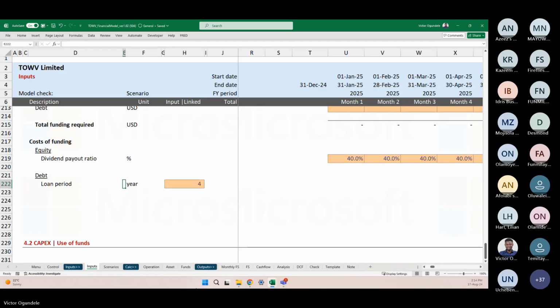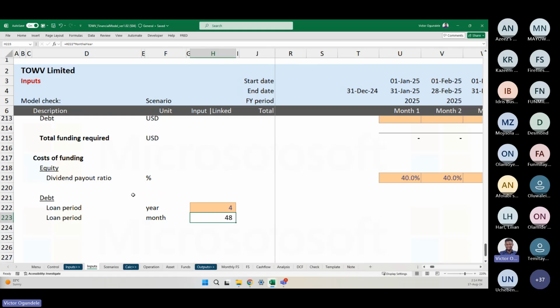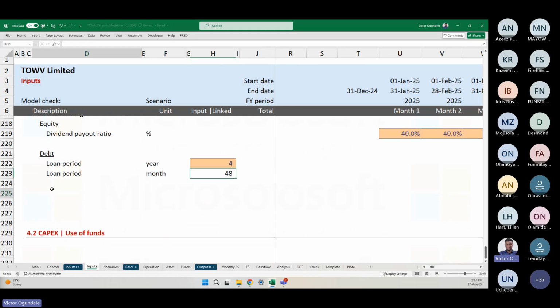Then the loan period will now be in months, because your model is monthly. So let's convert this to months, and that will be equal to this year multiplied by 12 months a year. That gives us the actual debt months.